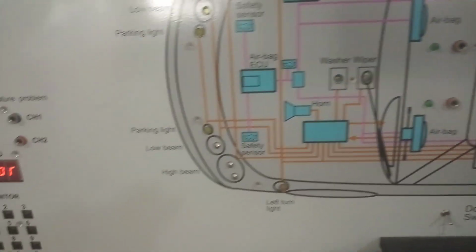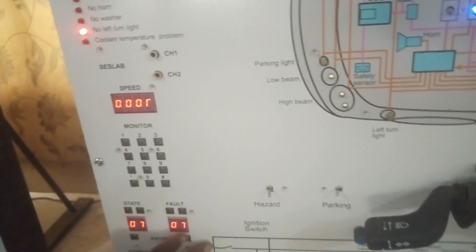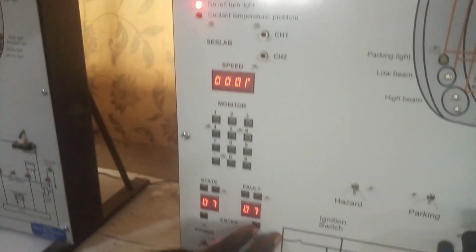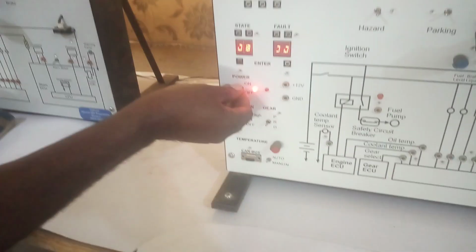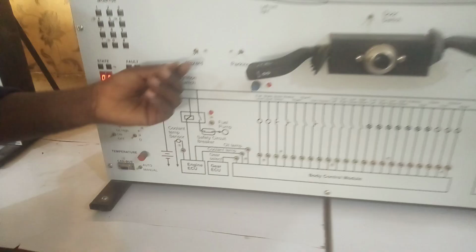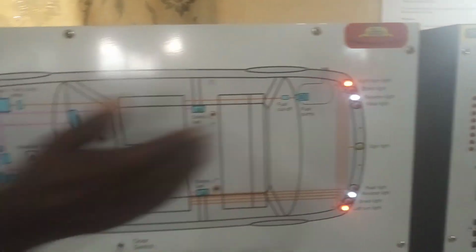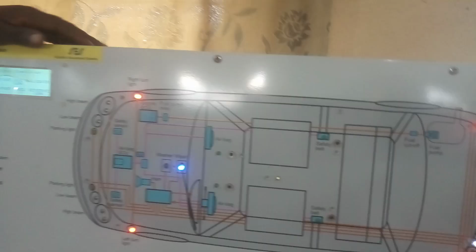We have some other signal lights here, like the hazard light. When you put it on, you observe that it is on in front and at the back.